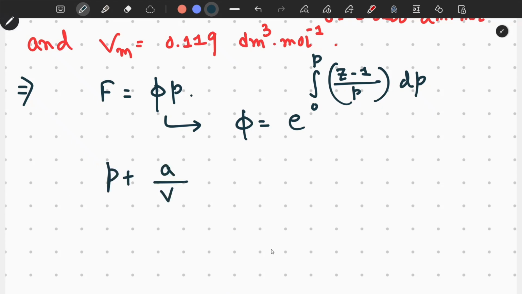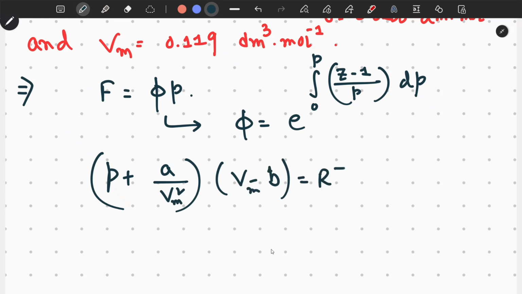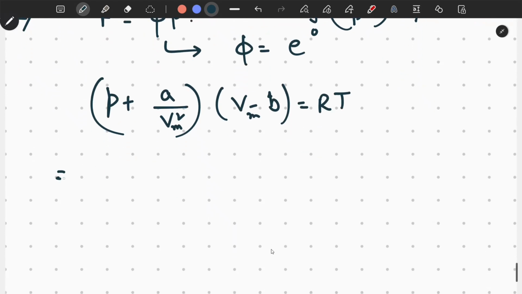Z is PV by RT. So how can you write it? At first multiply, then divide by RT.